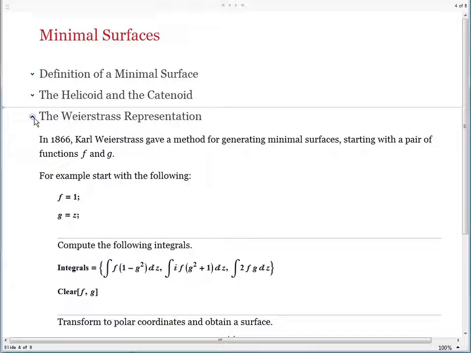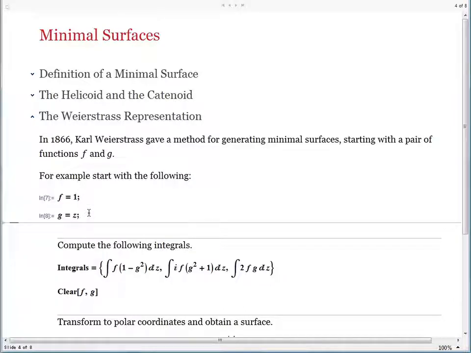So basically, in the year 1866, the famous German teacher and mathematician Carl Weierstrass gave a method for generating minimal surfaces starting with a pair of functions f and g. So for example, let's take f to be 1 and g to be z.